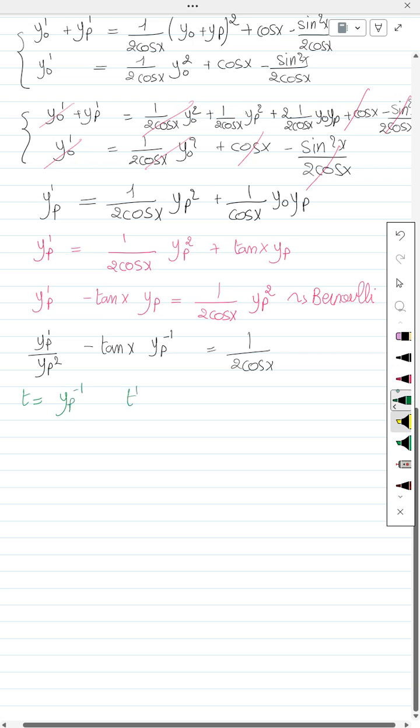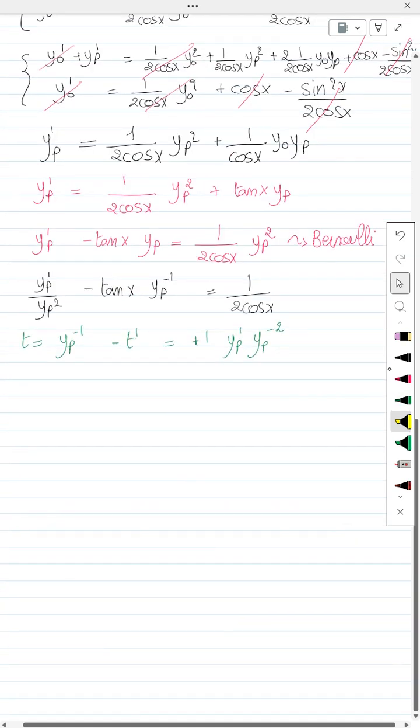So t prime is going to be minus 1 times yp prime yp to the power of minus 2. So minus 1 is going to be here, and we are going to obtain minus t prime minus tangent x t is going to be equal to 1 over 2 cosine x.